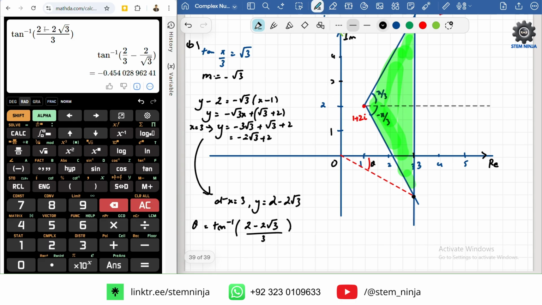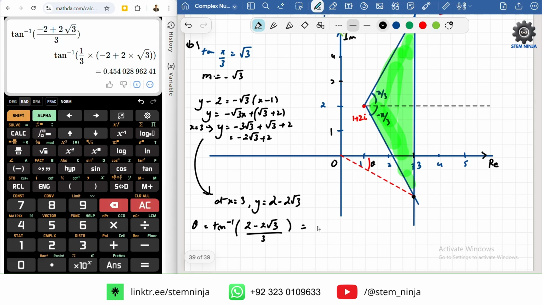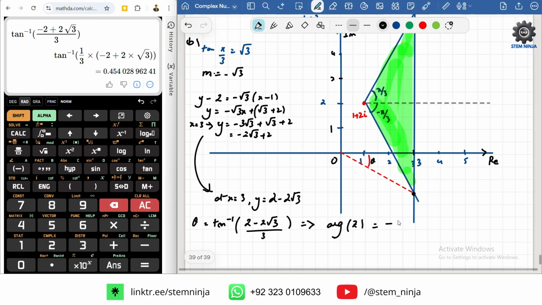Alright, so that was already in the negative now, so let's switch the signs a little bit. So minus, right. So this particular angle, the acute angle, is this particular part. So the argument z that corresponds to this thing is going to be negative. How much do we want it? In radians correct to 3 decimal places. So 0.454 radians.